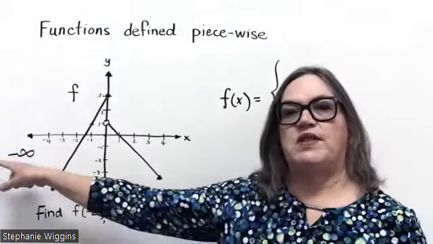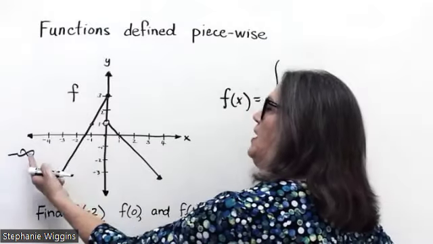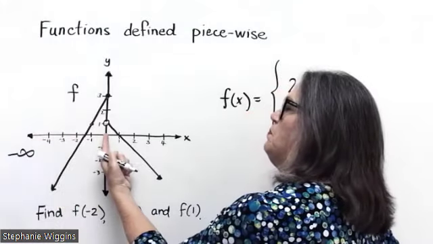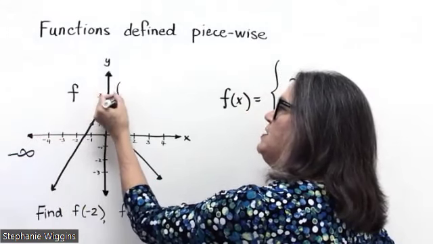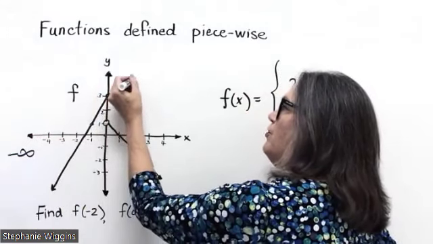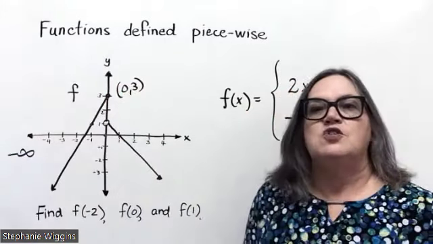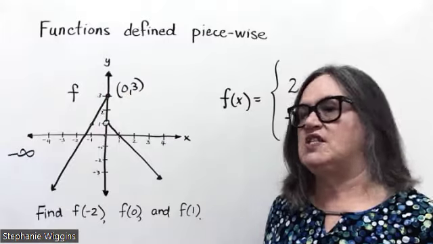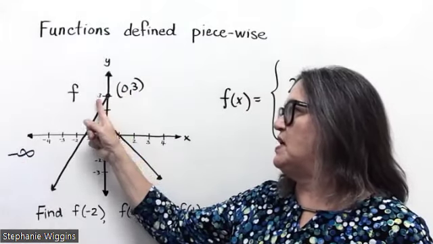So it goes forever in this way, negative infinity. So negative infinity all the way up to this point right here, which lines up with this point. Now this point is (0, 3). X equals 0, y equals 3 at that point. So be careful, because the temptation is to say from negative infinity to 3, right? Because we see a 3 there.